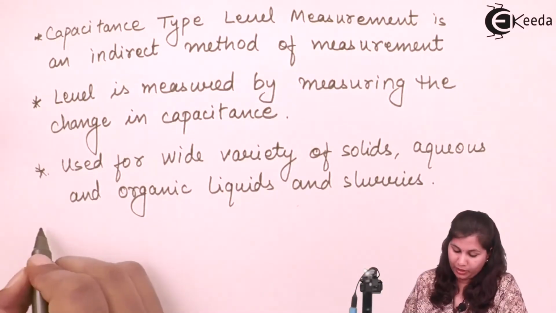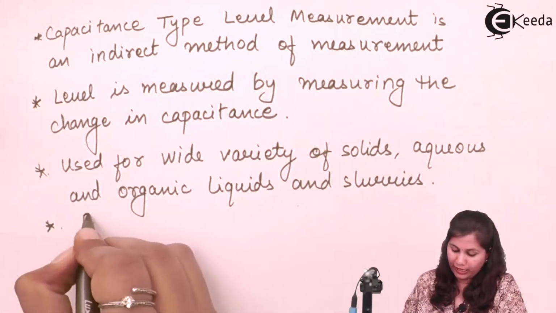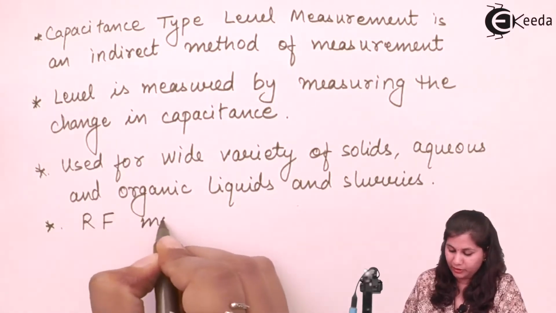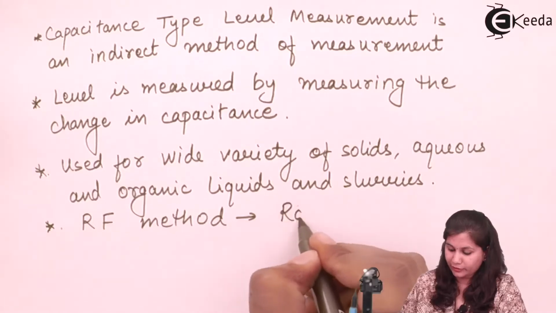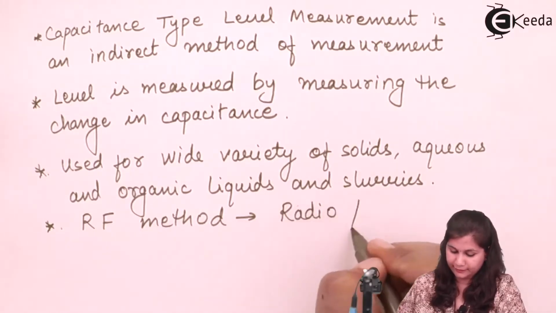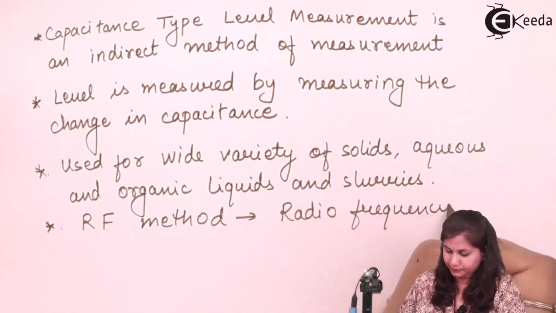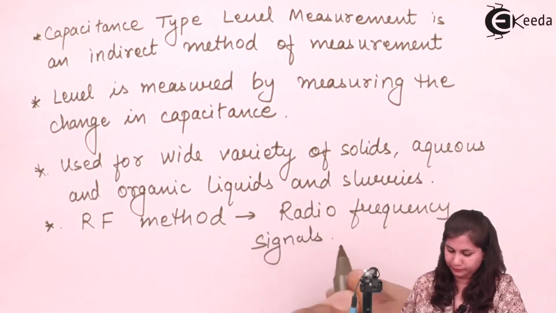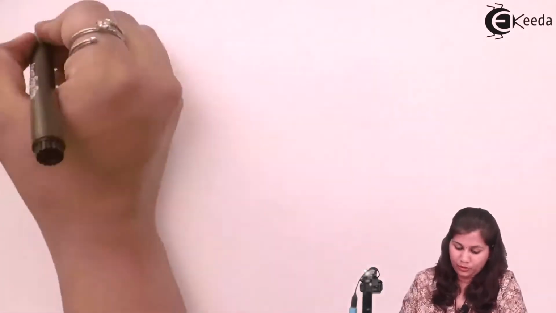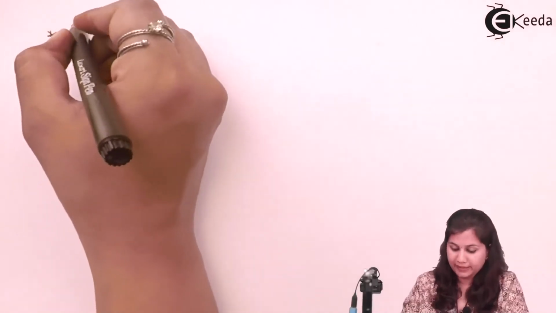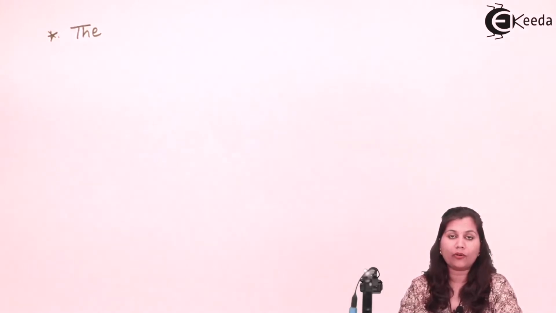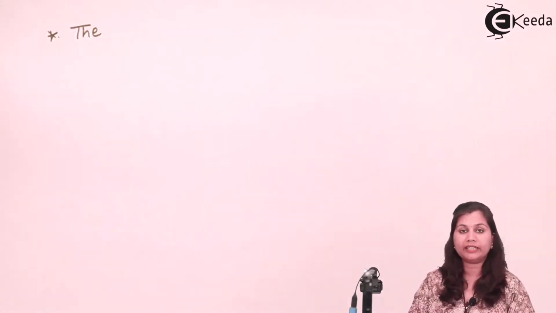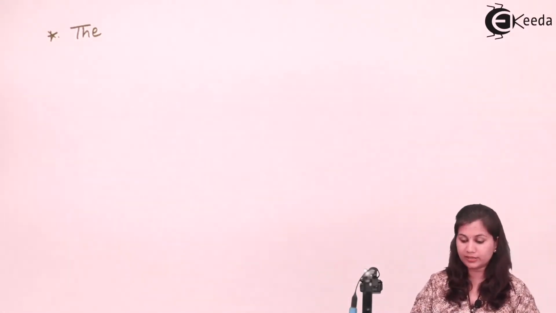This method is also known as the RF method, because in this method we use radio frequency signals. These capacitance level sensors are used to measure the level of liquids which have different dielectric constants.